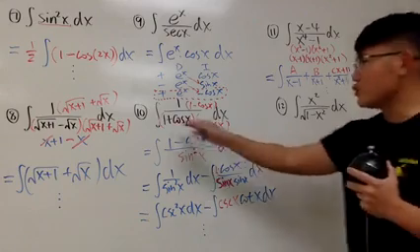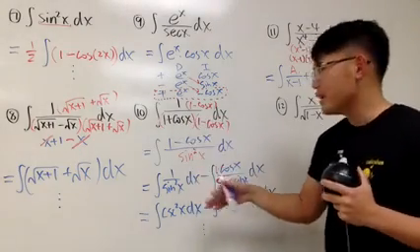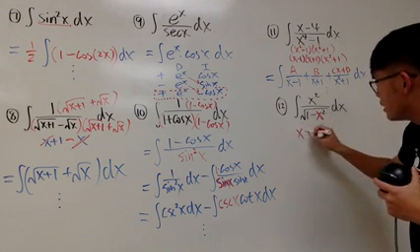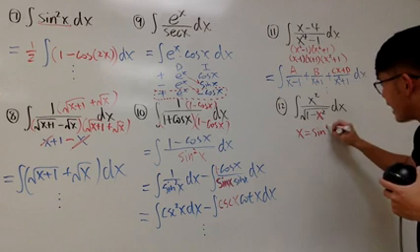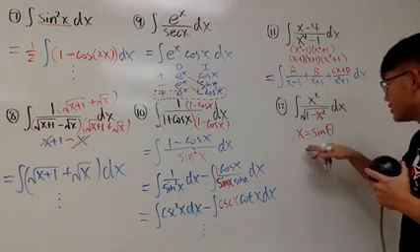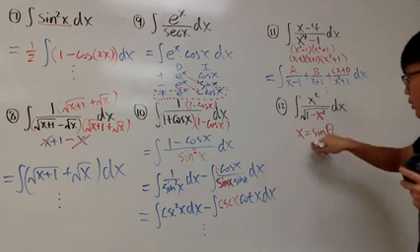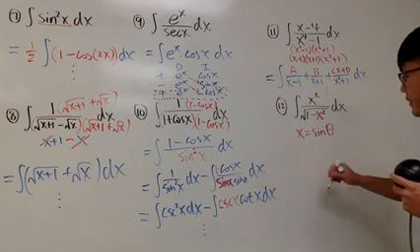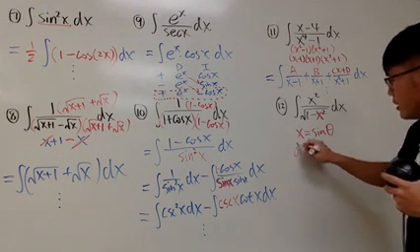You can also use 1 minus cosine squared to be sine squared, but just take this x to be sine theta, right? But of course, you have to change that to the theta world. So let x equal sine theta. That's the deal. And then don't forget to change the dx.